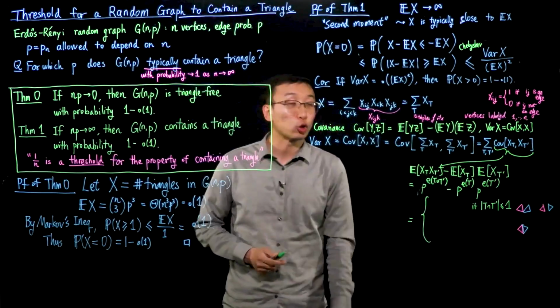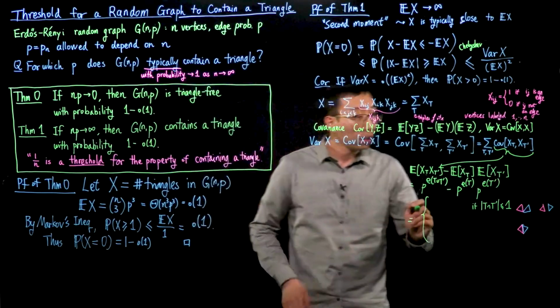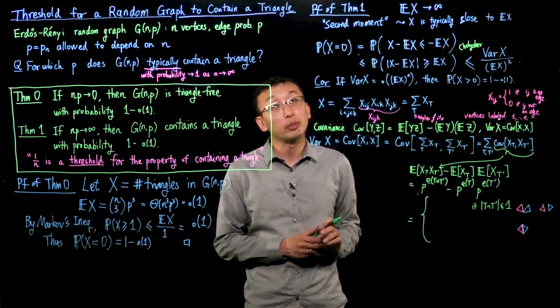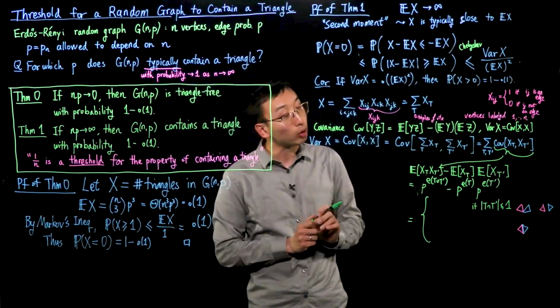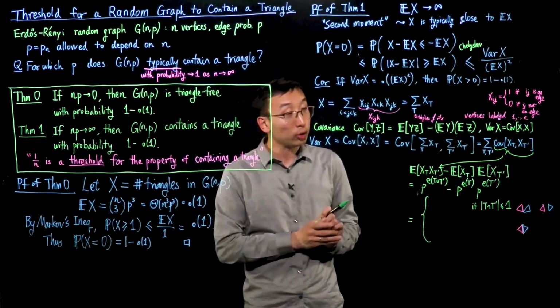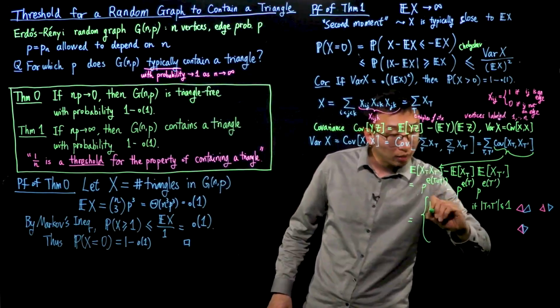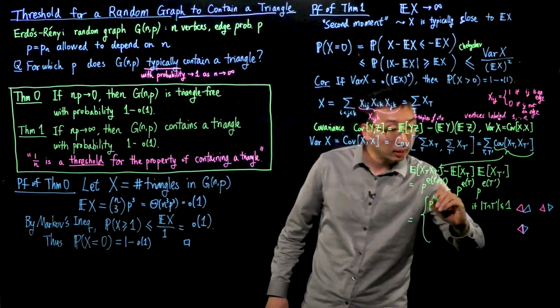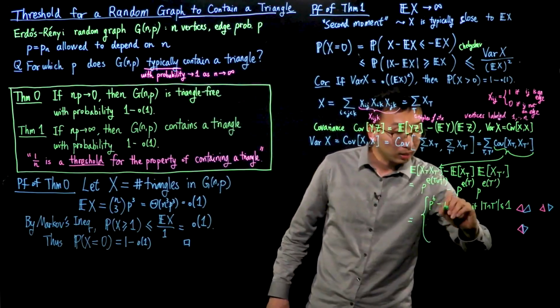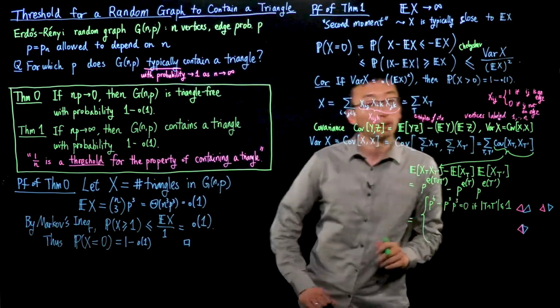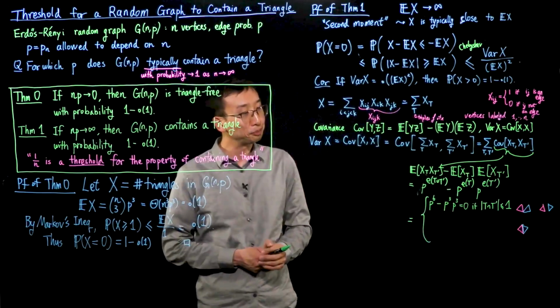Then there's no edge overlap, in which case the random variables that correspond to the edges of these two triangles are independent of each other. And so the covariance should be 0. And indeed, in the first term you have p raised to the power 6, and then minus p cubed times p cubed. And so in this case, this covariance is 0.